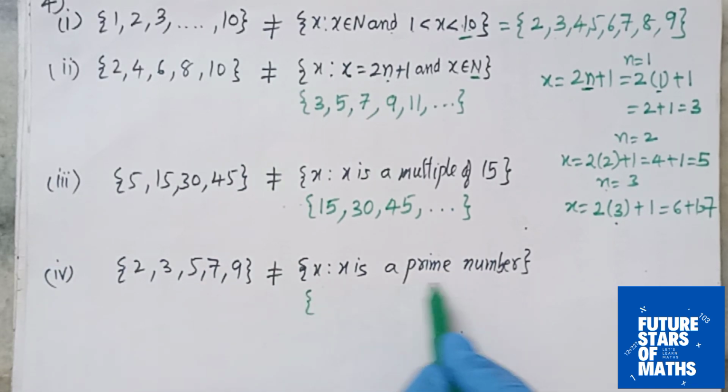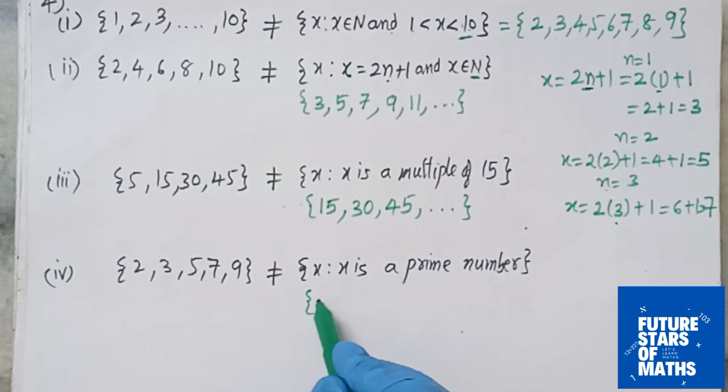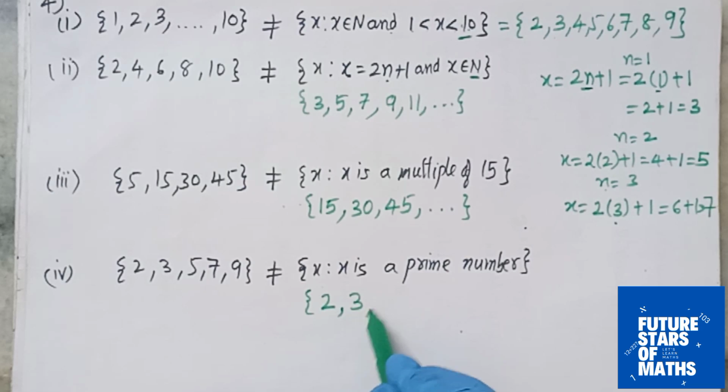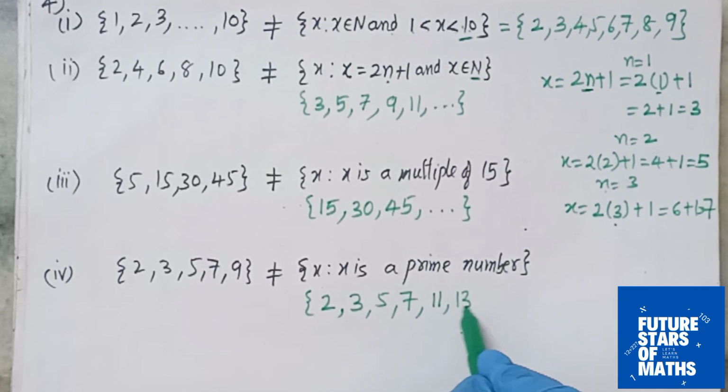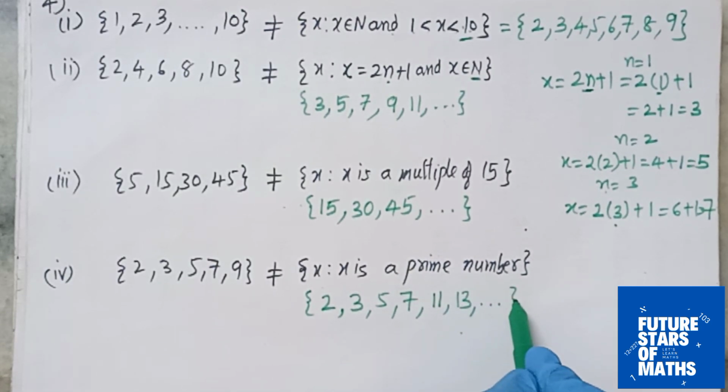So we have to write prime numbers here. The prime numbers start from 2. You should remember here 1 is neither a prime nor a composite number. Okay. So prime means we have to start from 2. 2, 3, 5, 7, then 11, 13 and so on.